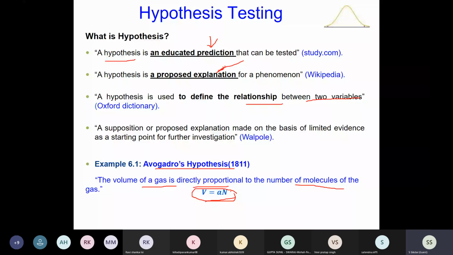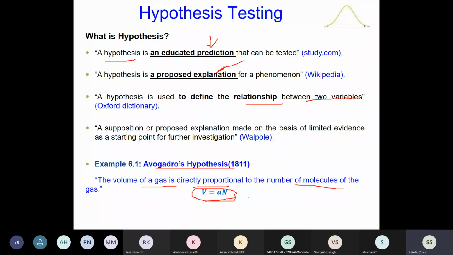We rigorously used to do the analysis. There we used to put our brain and everything, almost like a big fight. So we had already come across the term hypothesis.